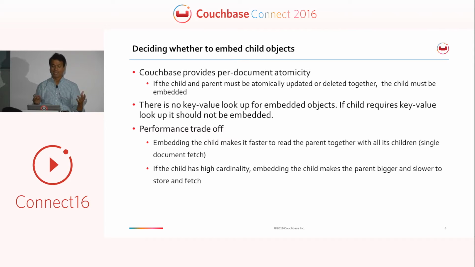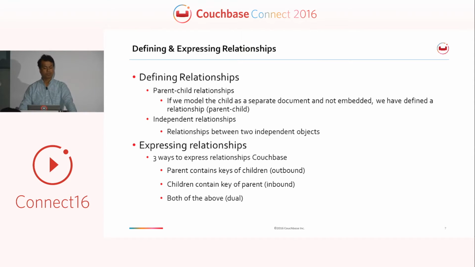So that's the trade-off you'll have to decide as you realize your logical model into the physical model. We talked about the parent-child relationships already. How you represent the parent-child relationship has a big impact on the performance.